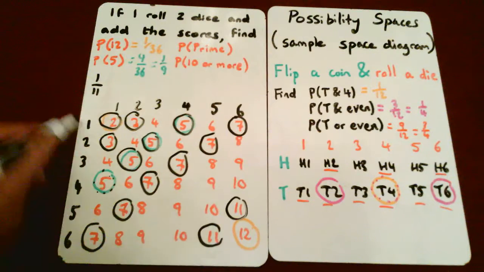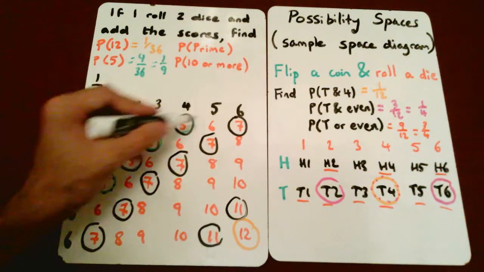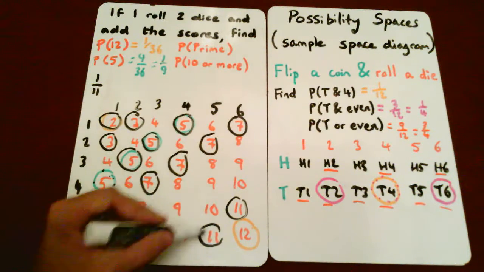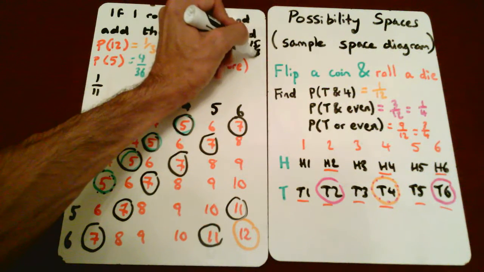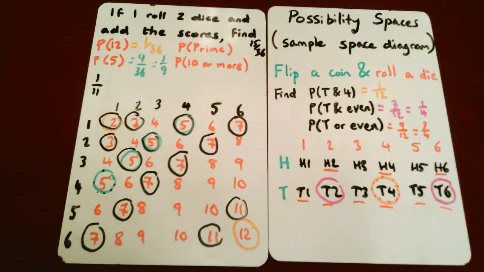So the prime numbers give us 1, 2, 3, 4, 5, 6, 7, 8, 9, 10, 11, 12, 13, 14, 15 out of 36, which again simplifies down to 5 out of 12.